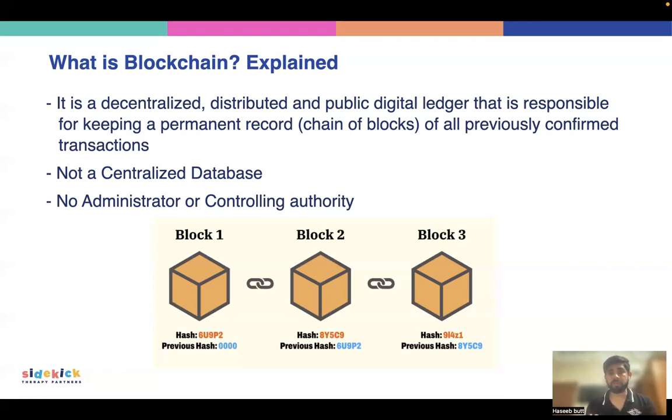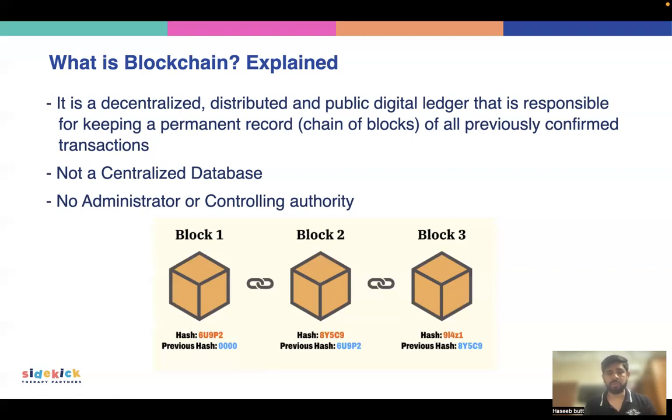It is actually controlled by all the people in the blockchain. So it is available for everybody. They can see, they can verify transactions, they can check, and if we need to change anything in the blockchain, we need to first get it verified by everybody.